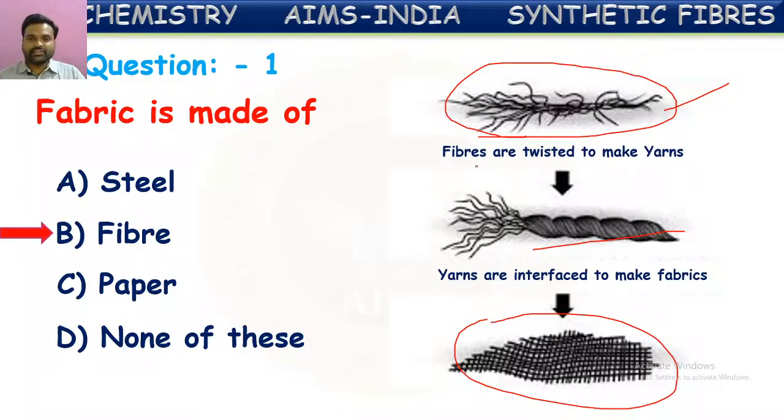So finally, these fabrics are obtained from fiber. From the fibers, we are getting these fabrics. This fabric is used for making clothes and garments. So fibers are the sources for fabrics.